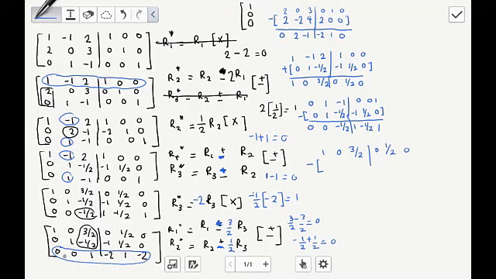Okay, 3 over 2 times 0 is 0, 0, 3 over 2. 3 over 2 times negative 2. Okay, so 3 over 2 times negative 2, we will be getting negative 3. 3 over 2 times 1, we will be getting 3 over 2. And again, 3 over 2 times negative 2, we will be getting negative 3.